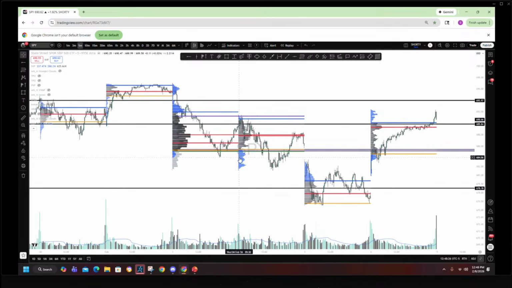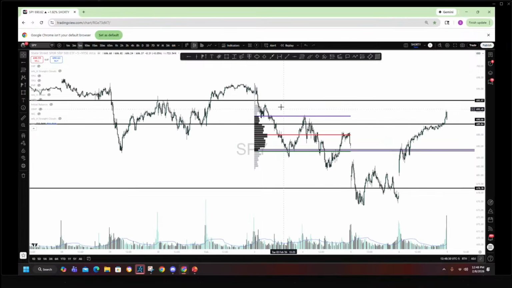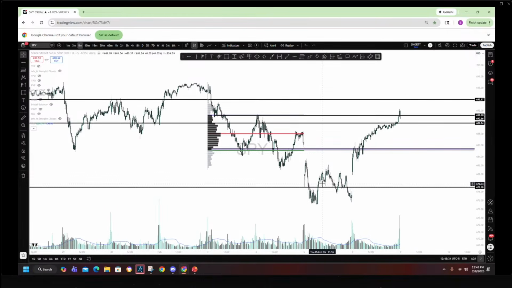The 2-day balance is this purple zone here. Now the prior 2-day, because the market goes from balance to imbalance, and look what they did. When they went to that 2-day balance, what happened? They peaked above, and they sold it.